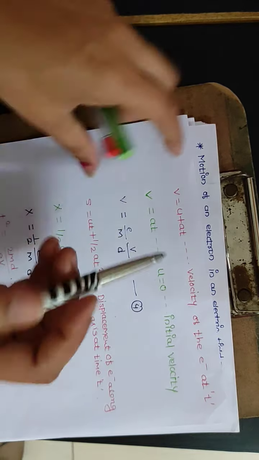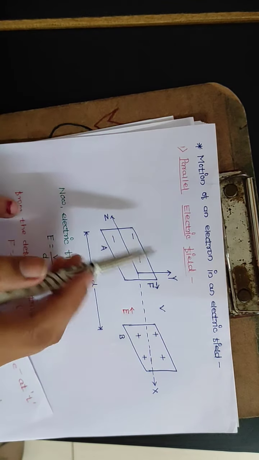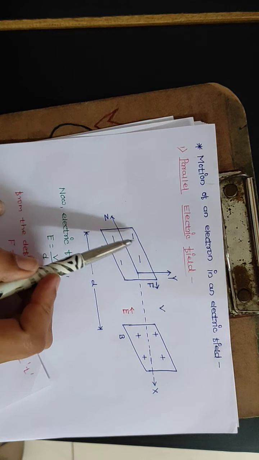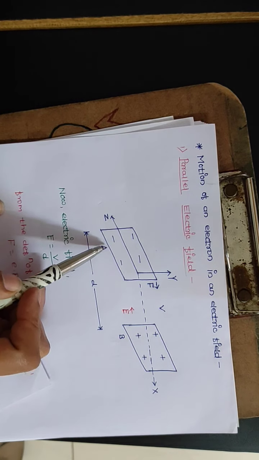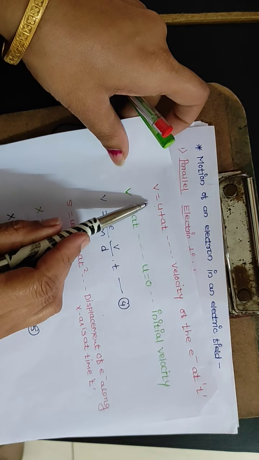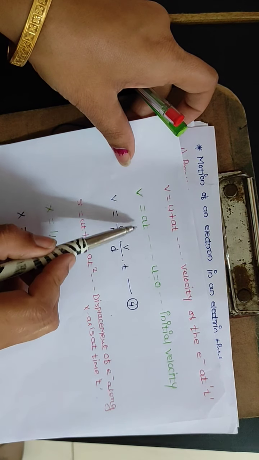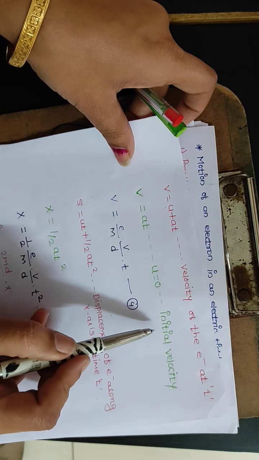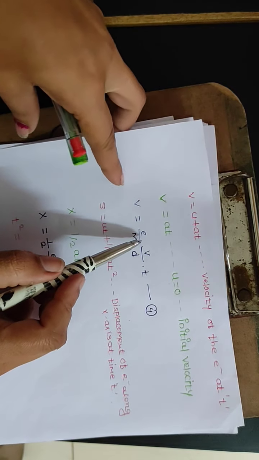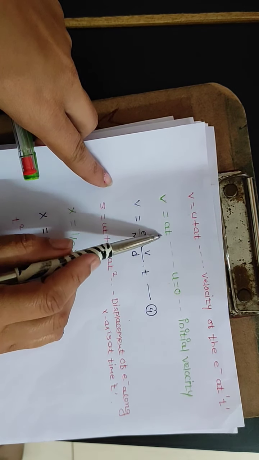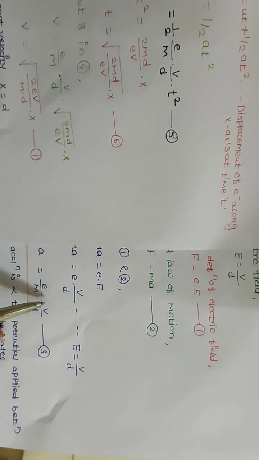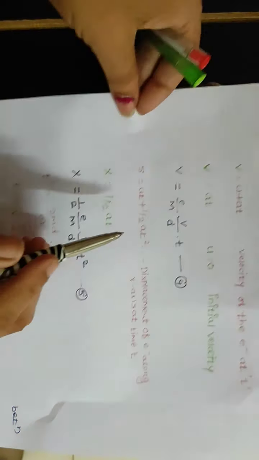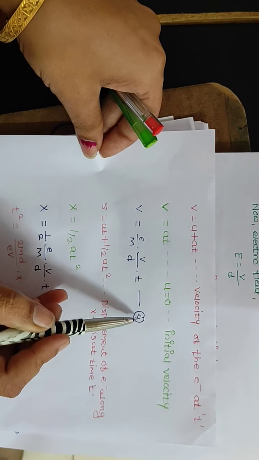Now as the electron starts from plate A where it is at rest, therefore the initial velocity of the electron we can put u is equal to 0. Therefore this equation becomes v is equal to at because u is equal to 0. Okay. Now here in this equation we just put the value of acceleration, that is a is equal to e by m into V by d. We get this equation, equation number 4.